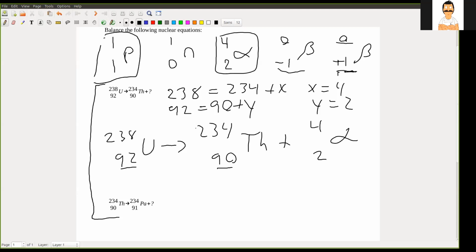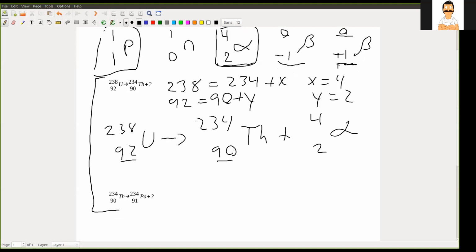You might be tempted to put a hydrogen atom, or in the case of alpha particles, you might be tempted to put a helium atom. But just bear in mind that when we're dealing with these situations, you'll be told explicitly what you're looking at. And again, the only difference between a proton and a hydrogen atom is an electron, and the only difference between an alpha particle and a helium is 2 electrons. So we're not dealing with electrons, we're only dealing with nuclear material.